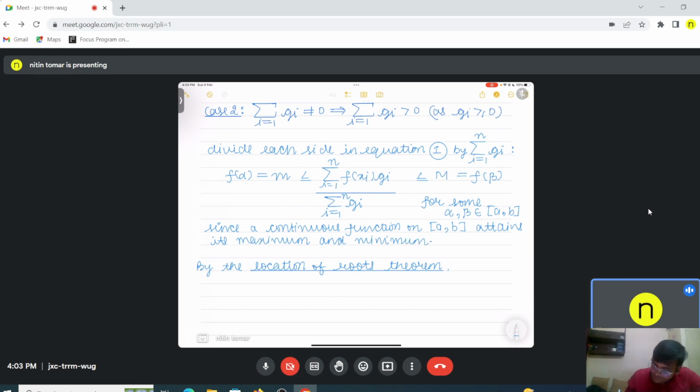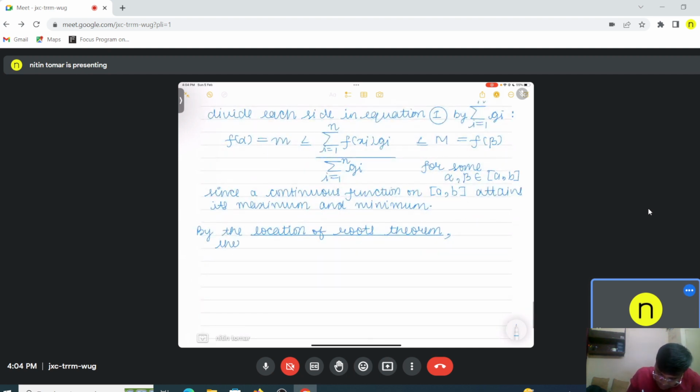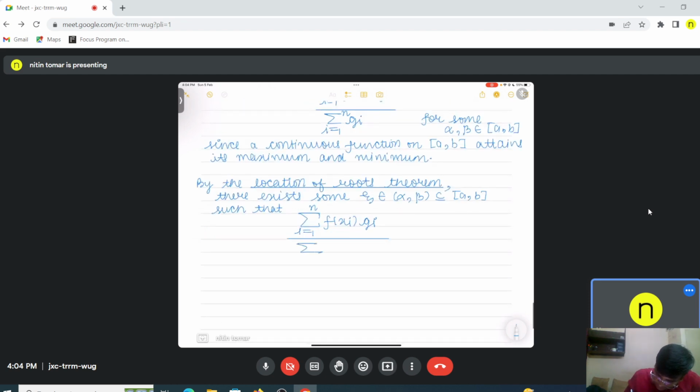So by the location of roots theorem, we know there exists some xi in between alpha comma beta, but this is a subset of a comma b, such that this value in between is attained and will be equal to some f of psi.